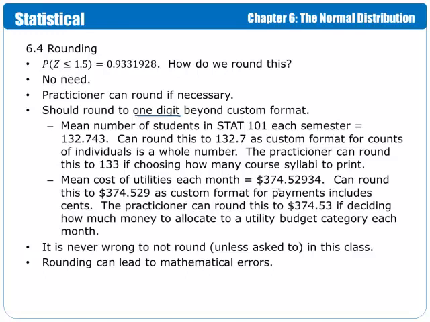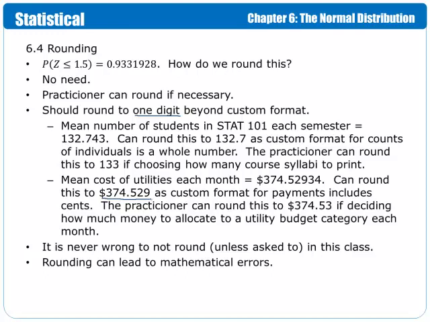If you must round, then we're dealing with dollars and cents, so you want to go one beyond what the dollars and cents is. So you could round this one to 374.529, which indicates that the amount spent on average for utilities is somewhere between 374.52 and 374.53.